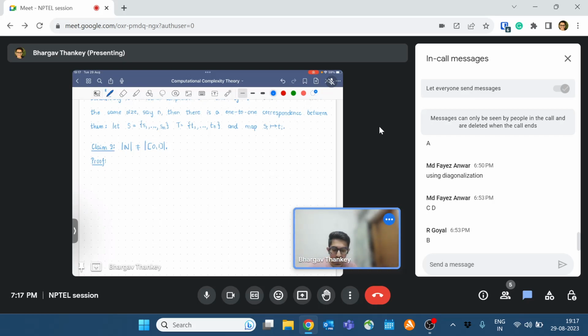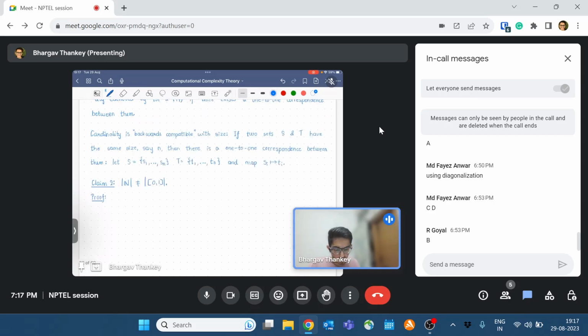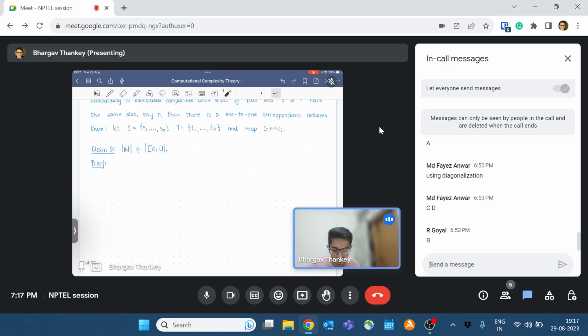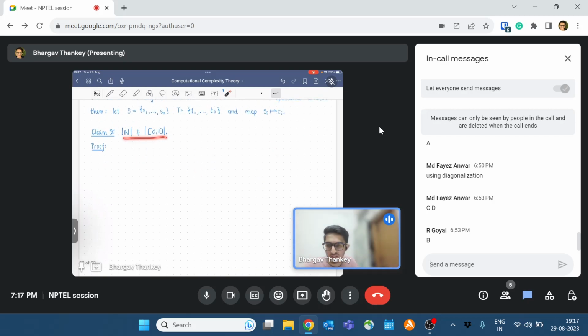In fact, we can show something more. We can show that the cardinality of N is strictly less than the cardinality of the set 0, 1. But I'm not saying that because all I have defined is when two sets have the same cardinality. I haven't defined when one set has a strictly smaller cardinality than the other. So let's not get into that. Let's just look at this weaker version of the claim. The claim that is true is actually this.